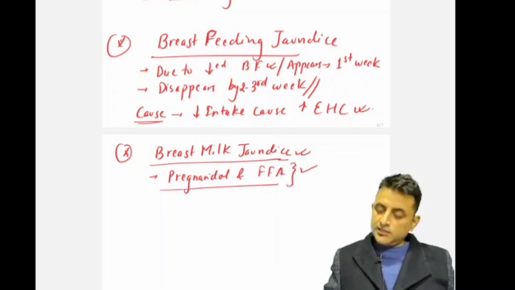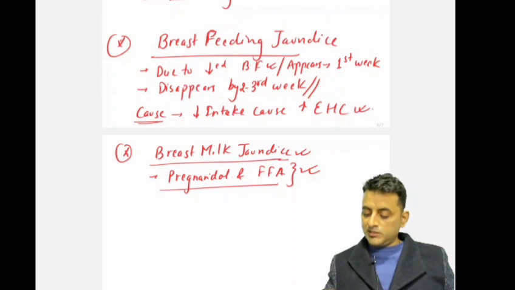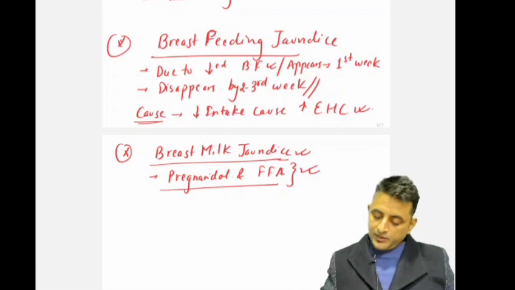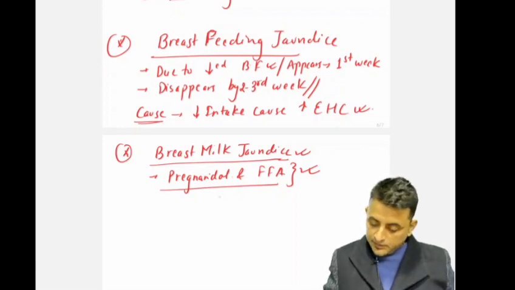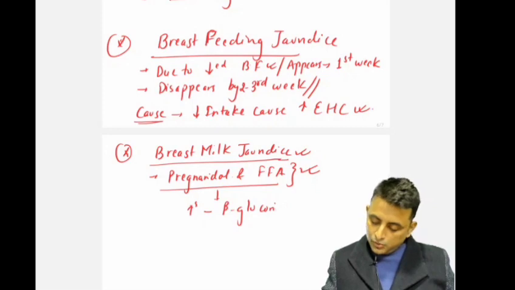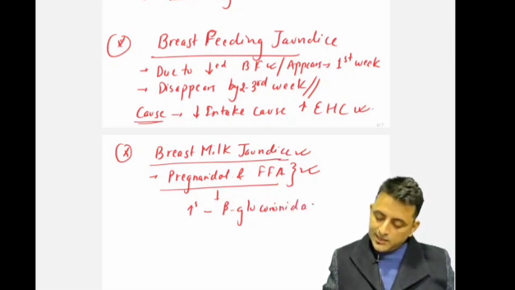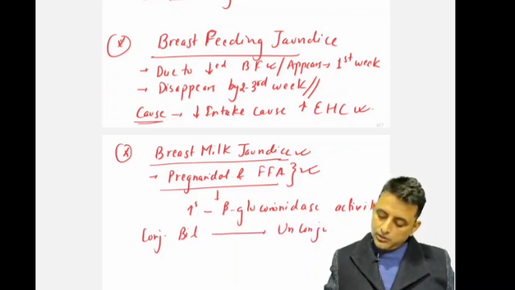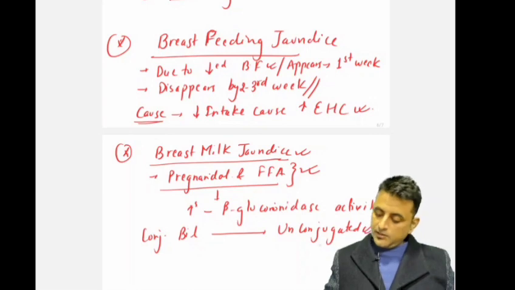It is not clear, but some theories say that pregnanediol and FFA present in breast milk increase beta glucuronidase activity. So what happens is that conjugated bilirubin becomes unconjugated and goes into enterohepatic circulation.